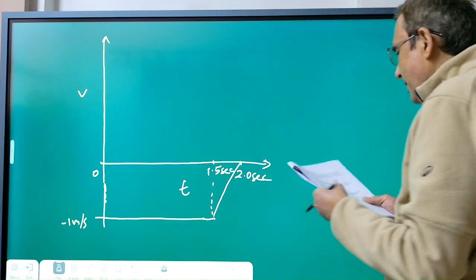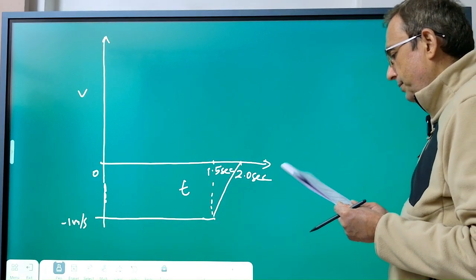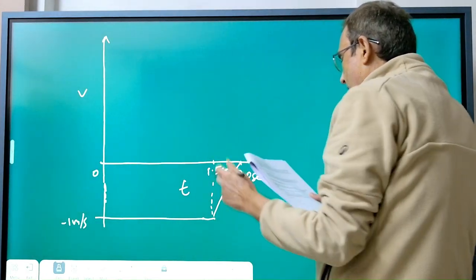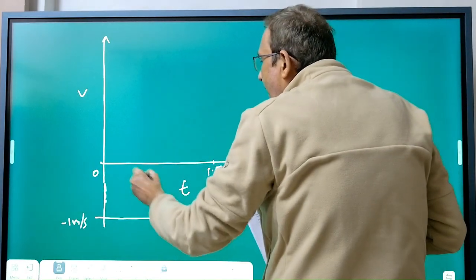So in this case, we will calculate the areas.